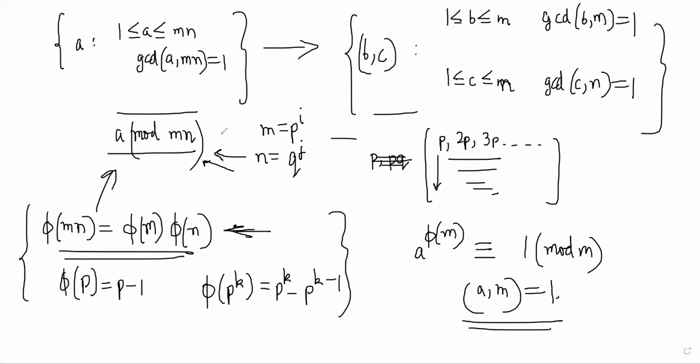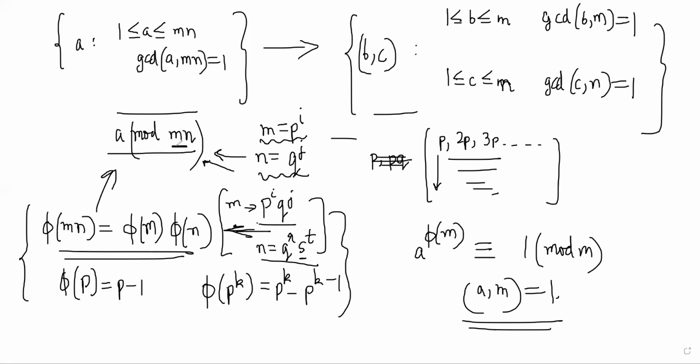You understand that if m is p to the i, q to the j, and n is r to the s, t to the u, where these are also primes or something, it will be more annoying and difficult to prove because there are so many cases, no?